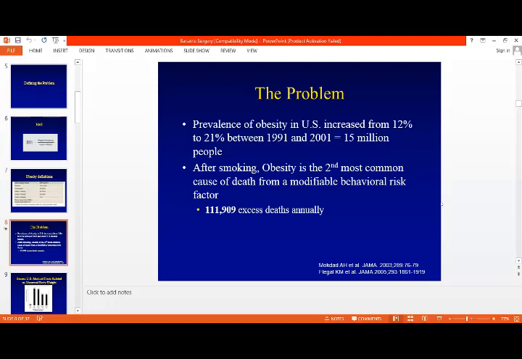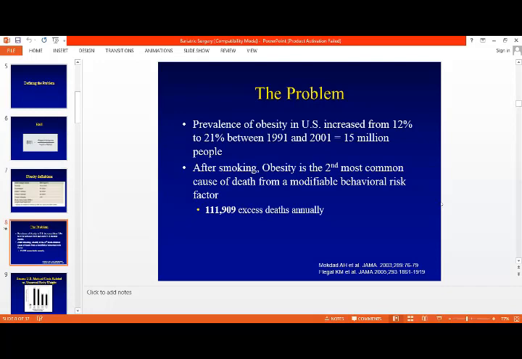The other issue is that obesity is the second most common cause of death in the United States after smoking. You cannot say it is the second most common cause of death including diseases, but it is a modifiable behavioral risk factor.